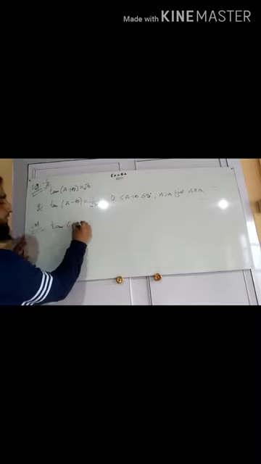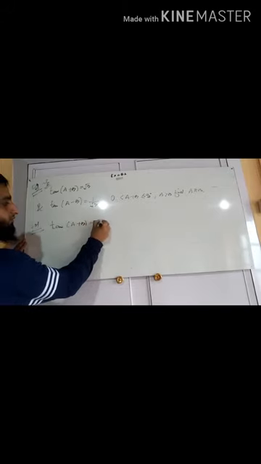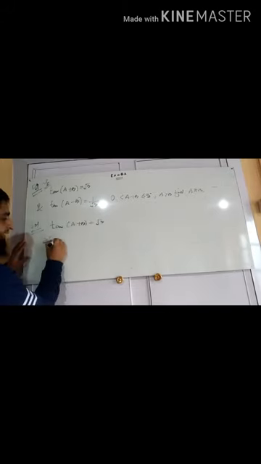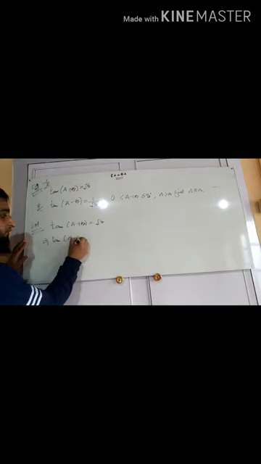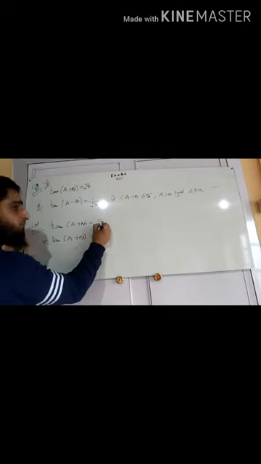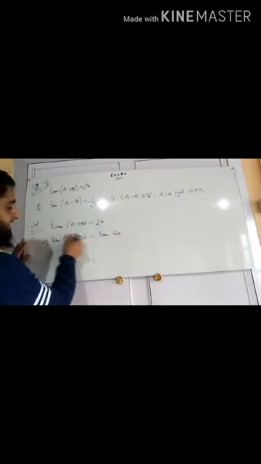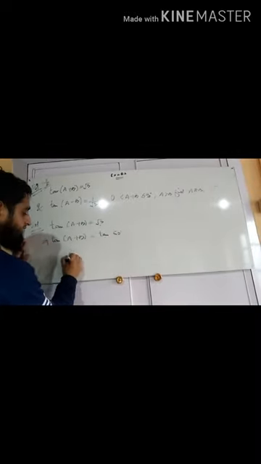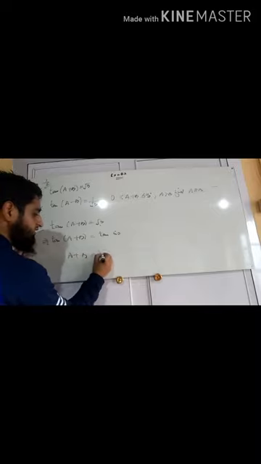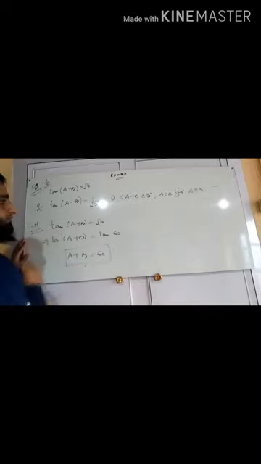Tan of a plus b is equal to root 3. Can we write it like this? Tan of a plus b. If we remember the trigonometric table, when tan is root 3, it is tan 60. We can cancel out tan, which means a plus b is equal to 60. It means we have the equation.